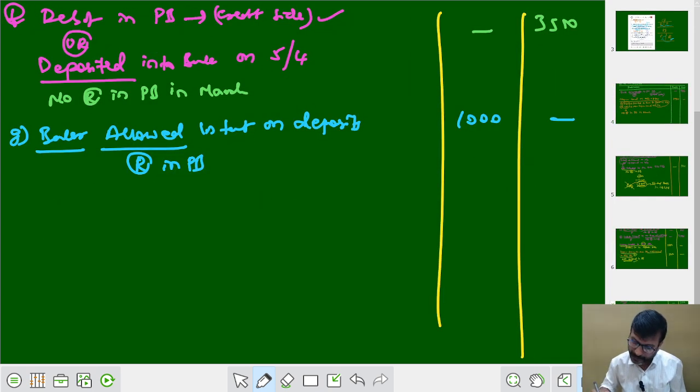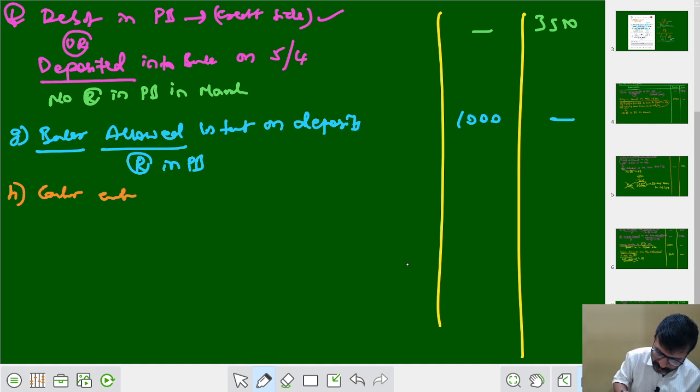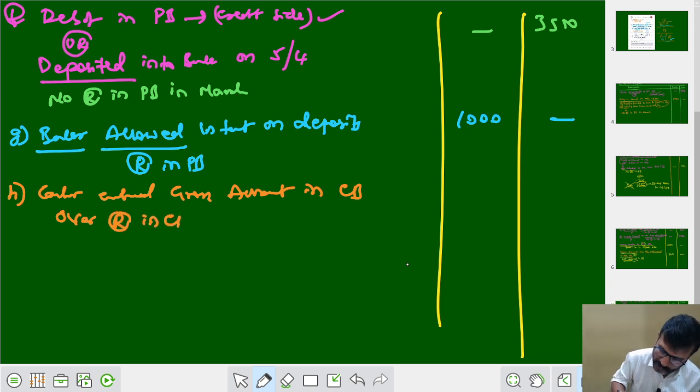So let me write straightforward. That is point number H, right? Cashier entered gross amount in cash book. So we can say that over receipt in cash book. How much? Only 4000.